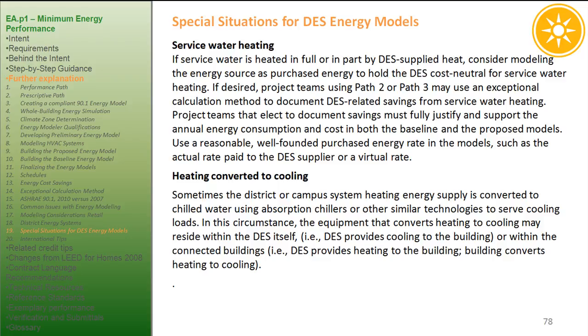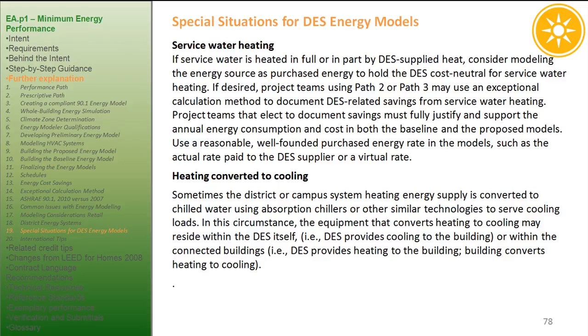Project teams that elect to document savings must fully justify and support the annual energy consumption and cost in both the baseline and the proposed models. Use a reasonable, well-founded purchased energy rate in the models, such as the actual rate paid to the DES supplier or virtual rate.